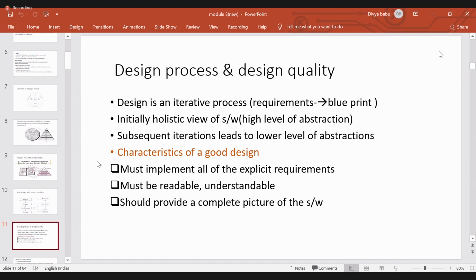Then what are the characteristics of a good design? It must implement all the explicit requirements, must be readable, understandable, and provide a complete picture of the software. Then we can call it a good design. Some requirements are implicit, some are explicit. We should not explain all the requirements. For example, ease of usability is a requirement we generally want as a customer.